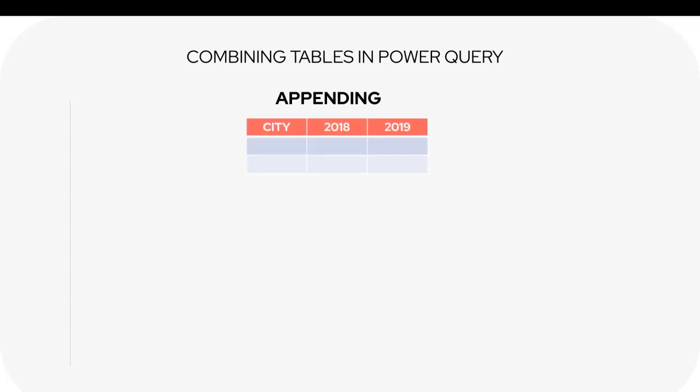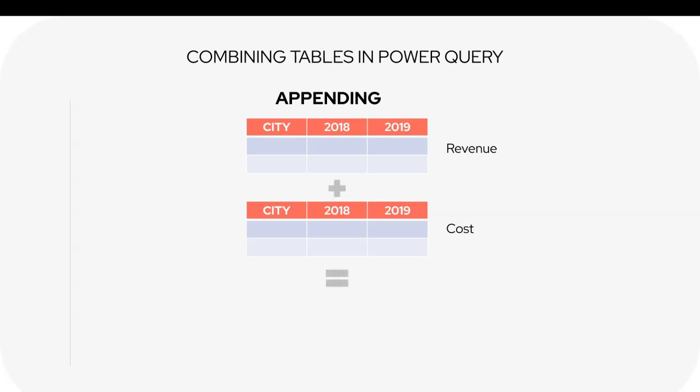So you realize that we had one table for budgets. That one contained numbers for revenue, but it had the same headers, CT 2018 and 2019, right? Then we also had the same structure for cost, CT 2018 and 2019. Because we have the same headers, we can now put these two tables together, right? And then create one table that has just that header, CT 2018 and 2019, but the content of the records will now come together, right?